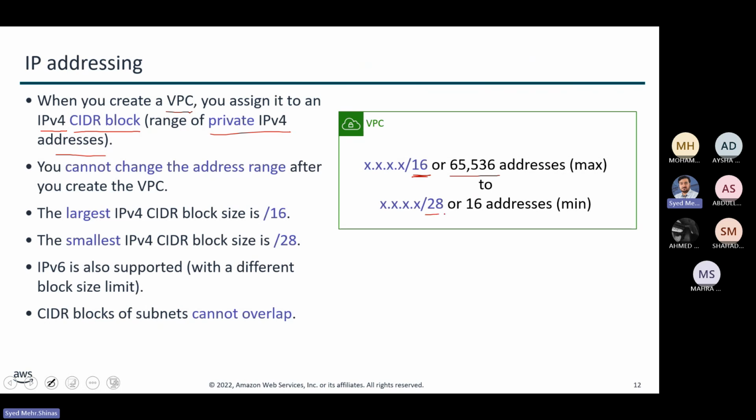If it is /28, it means 28 bits for the network, and the total number of bits is 32. So 28, and 4 bits are left.